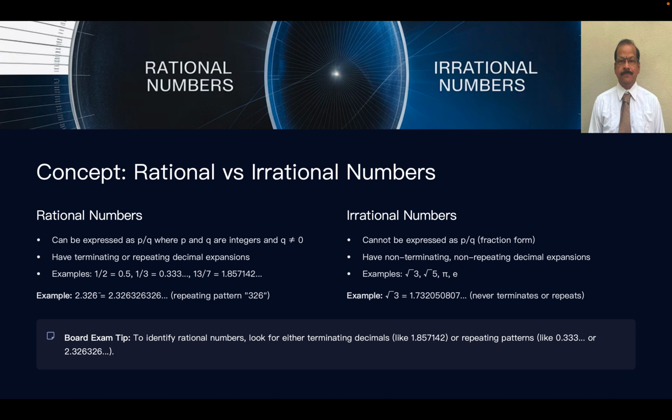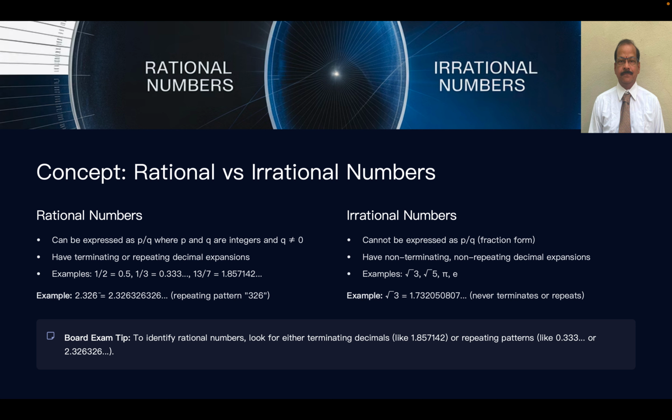Here a comparison between rational numbers and irrational numbers is given. Already we know that anything that can be expressed as P by Q is rational, and what cannot be expressed as P by Q is irrational. And either it should be a terminating decimal or a recurring decimal.